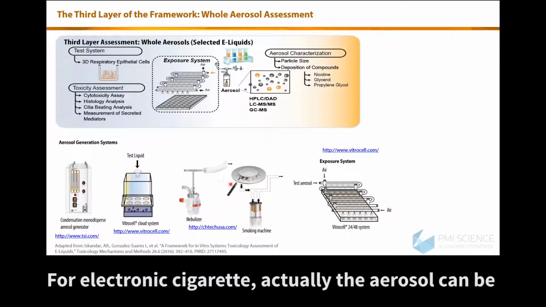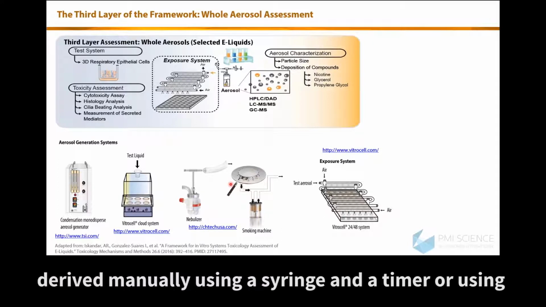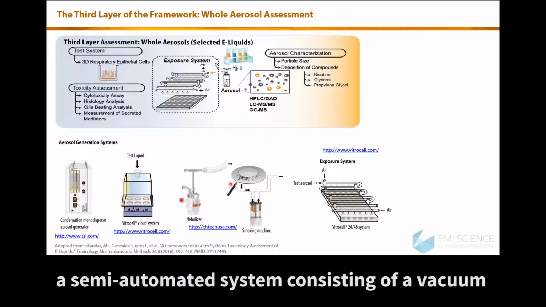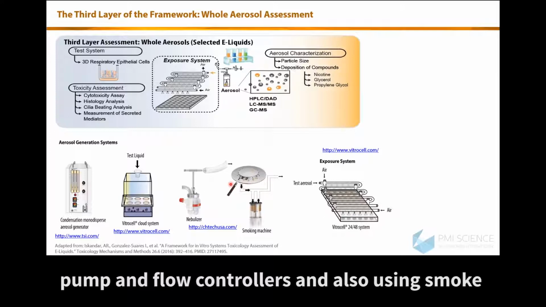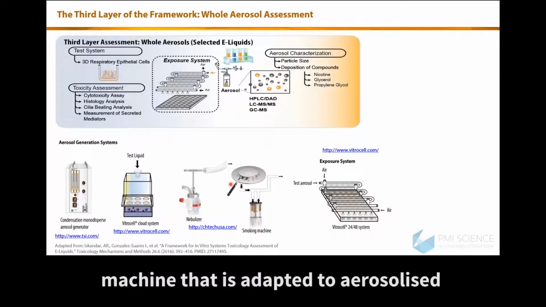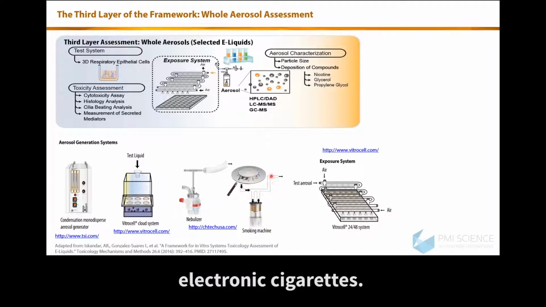For electronic cigarettes, the aerosols can be generated manually using a syringe and a timer, or using a semi-automated system consisting of a vacuum pump and flow controllers, and also using smoke machines that are adapted to aerosolize electronic cigarettes.